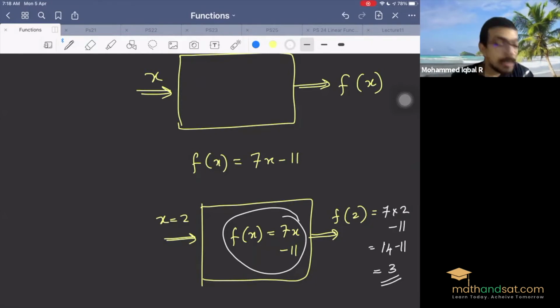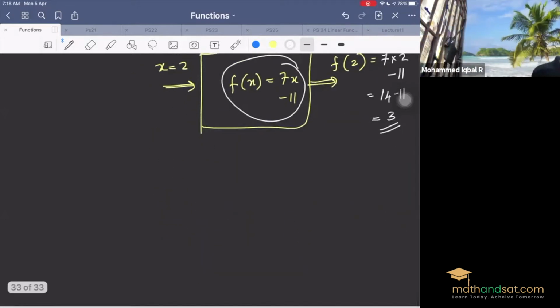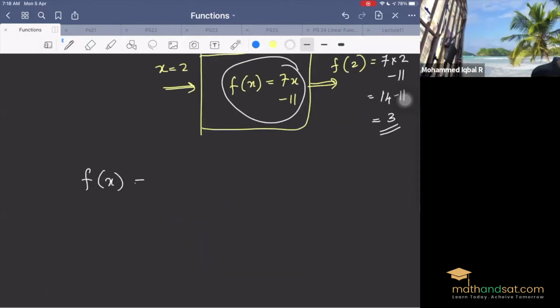Now, what I'm going to discuss today is the significance of the number 7 and the number minus 11 here. What does it signify? As we saw, in general, your f of x will be of the form mx plus c.